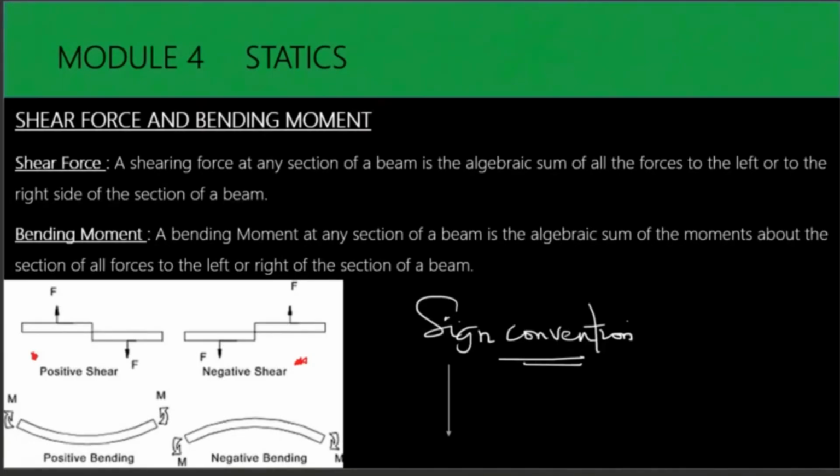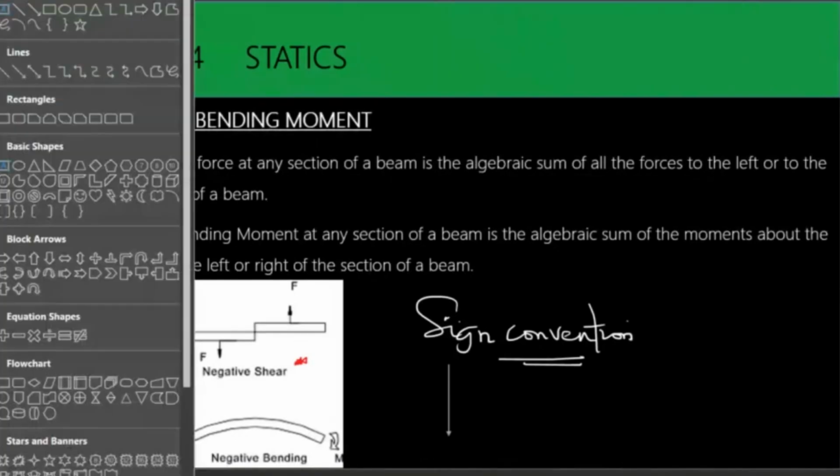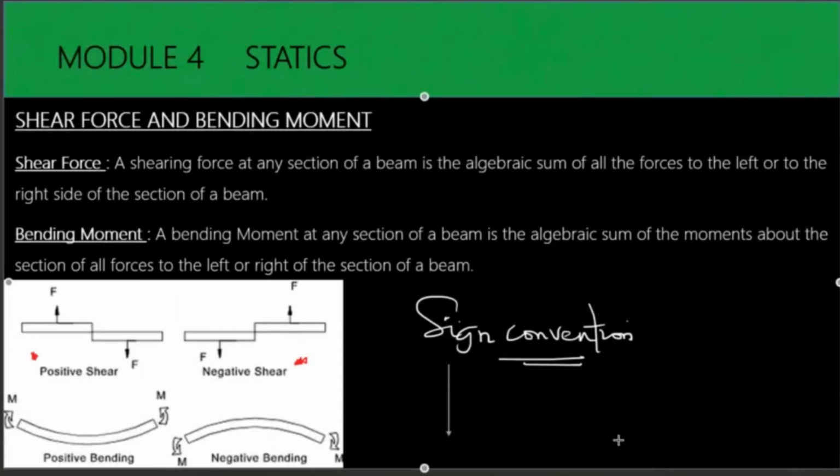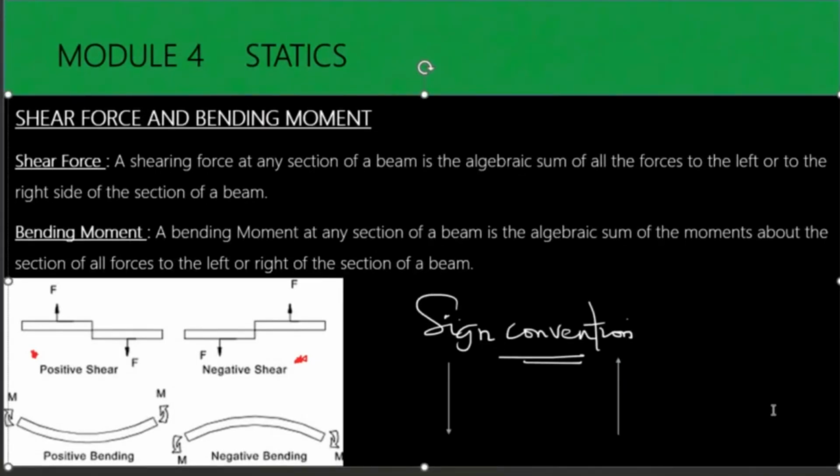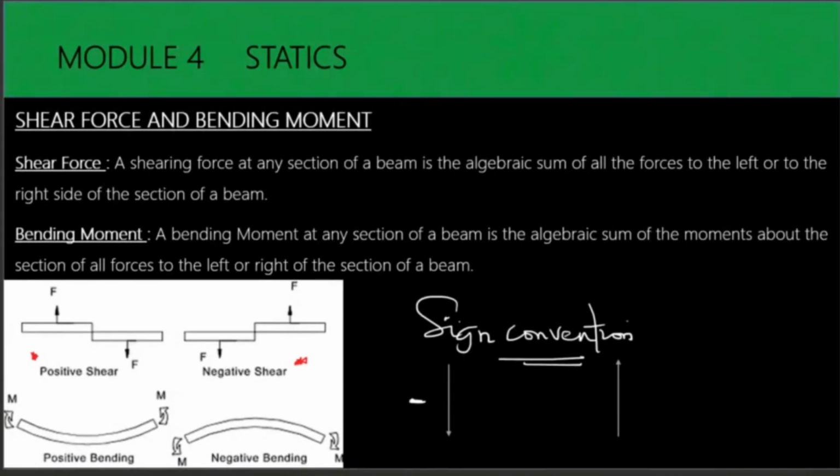I'm going to be making use of these a lot. When the arrow is pointing down, this indicates negative, so we use negative sign, and when the arrow is pointing up, we use positive sign. You are going to see this when we are calculating bending moment at each section of a beam.